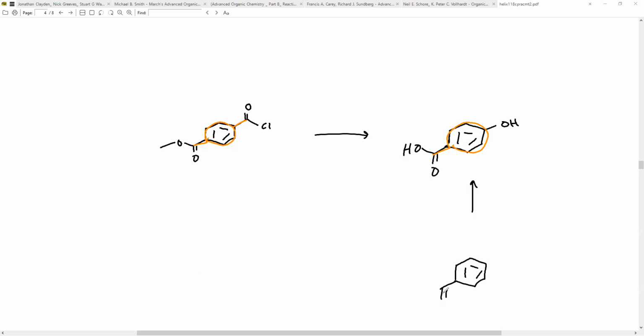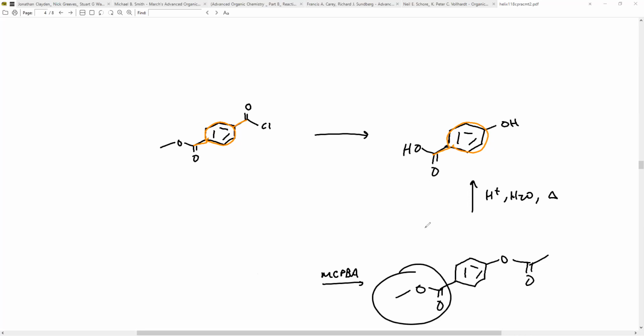Essentially, if I'm going from ester to acid, I'm doing a hydrolysis. So if I need to use an ester to form this guy, the ester was this guy here, which means that if I did an MCPBA reaction, this ester was already there, so I don't have to worry about it.